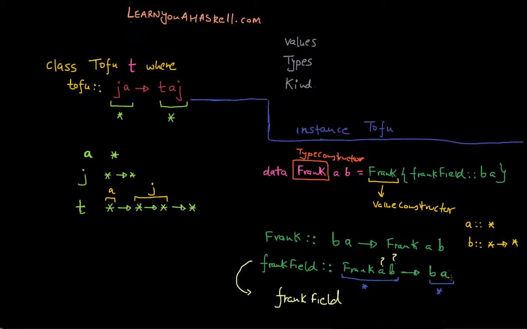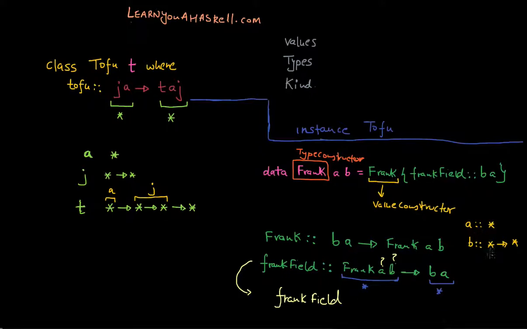Okay, so I still don't know what B and A are, but I know what their kind is. This kind would help me figure out what the appropriate type constructor B could potentially be, and what kind of a type A could actually be.